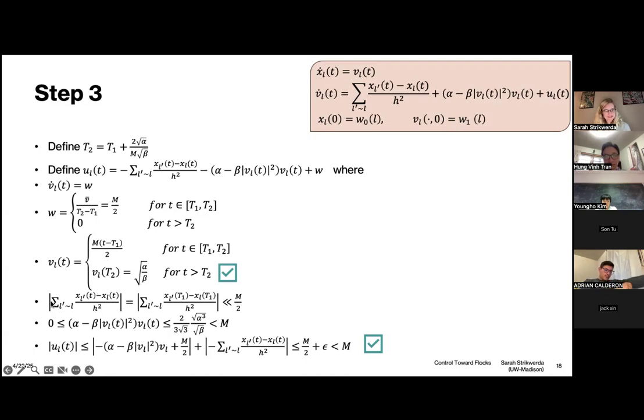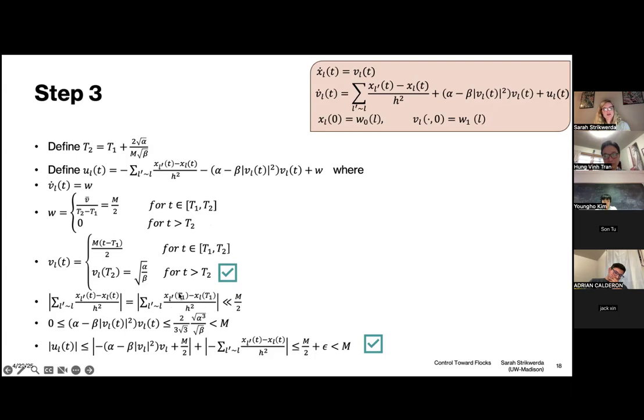And what we notice then, so our second goal is to make sure that our control is actually small enough. And so one thing that we notice is that this right here is also going to be equal for all of the t's in this interval.